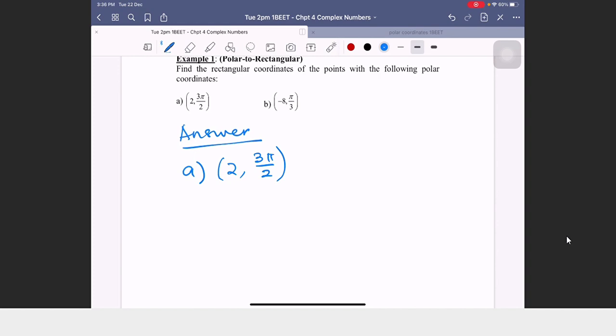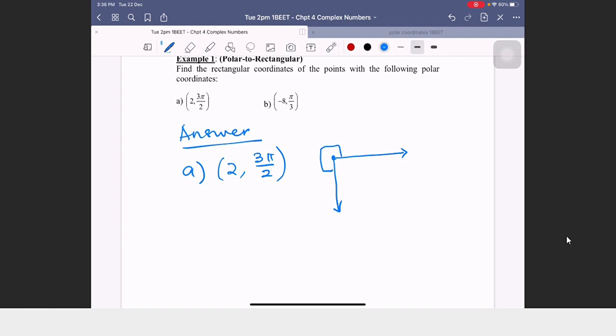So let's say you want to plot this 2, 3 pi over 2. Remember, 3 pi over 2 is 270 degrees. If you were to plot, you are going to plot like this. This is a polar axis, remember, because this is a polar coordinate, it starts from the pole. 3 pi over 2 is a straight line going down.